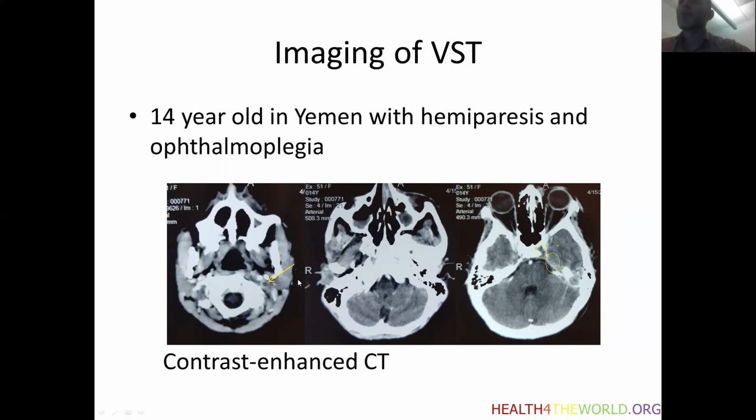But there's also more extensive thrombosis of the intracranial sinuses. So I'll call your attention to the cavernous sinus and the superior petrosal sinus. You can see that there's normal filling and enhancement of the cavernous and superior petrosal sinuses on the right. But on the left, these areas don't fill with contrast and are, by comparison, hypodense.